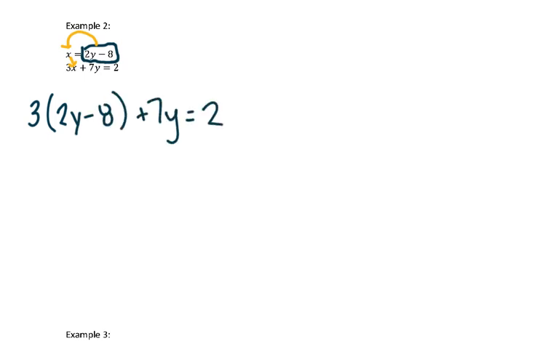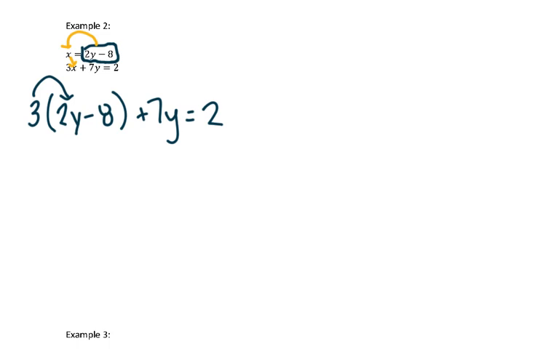Okay, example 2. So in this problem, we have two equations, but one of them is in x equals. So we're going to go ahead and box the x equals equation. Now, because this equals x, that means it goes in for x. So we would have 3 and then parentheses 2y minus 8 plus 7y equals 2.